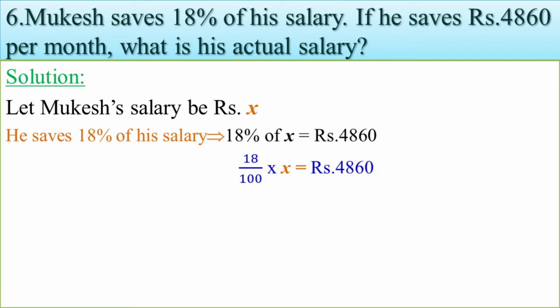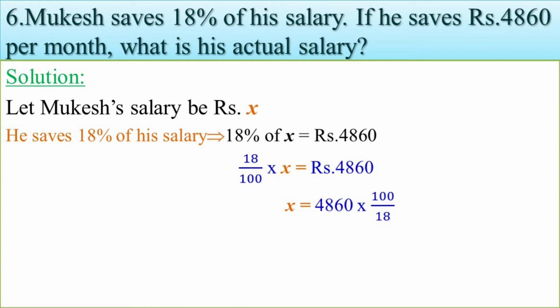You can bring 18 by 100 to the right hand side as a reciprocal, using the transposition method. Now X is equal to 4,860 into the reciprocal of 18 by 100, which is 100 by 18.